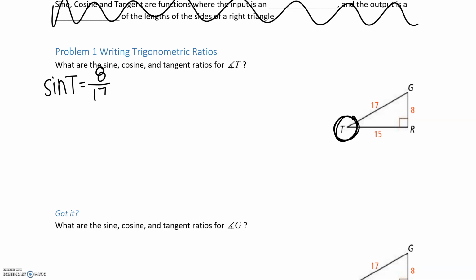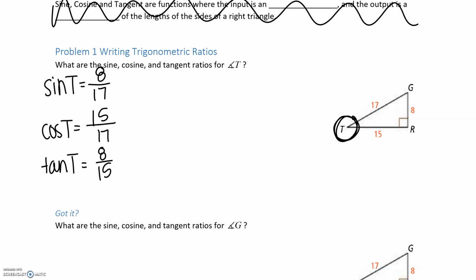So in this case, it's going to be 17. Okay. Our cosine of T is going to be our adjacent, which is 15, over our hypotenuse, which is 17. And our tangent of T is going to be our opposite, which is 8, over our adjacent, which is 15.